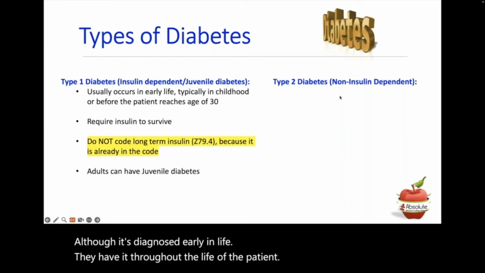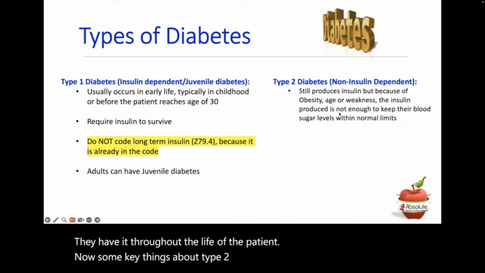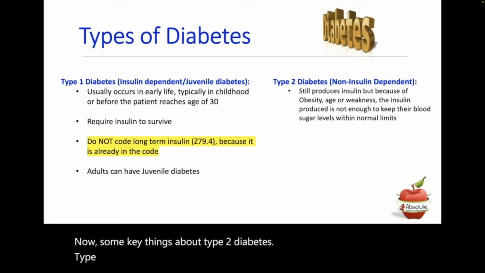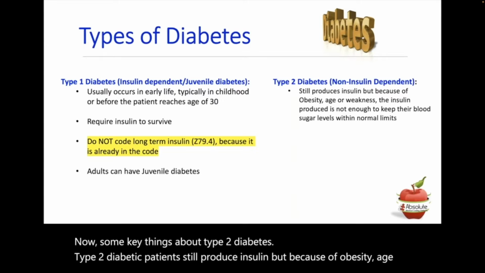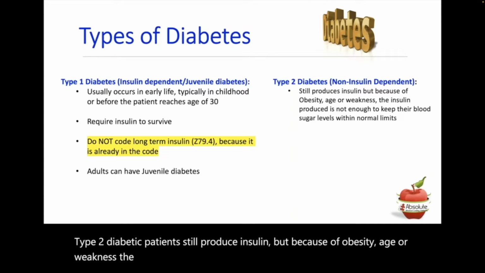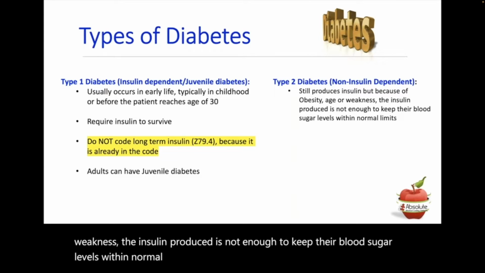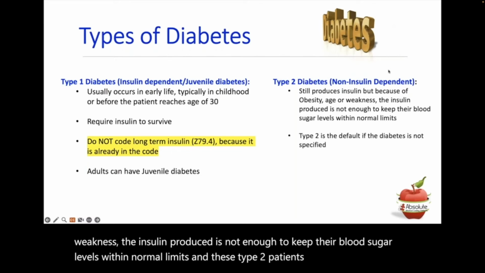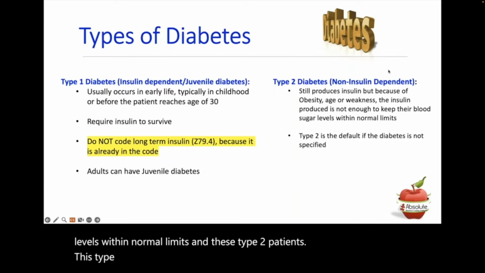Now, some key things about type 2 diabetes. Type 2 diabetic patients still produce insulin, but because of obesity, age, or weakness, the insulin produced is not enough to keep their blood sugar levels within normal limits. And type 2 diabetes is the default if the diabetes is not specified.